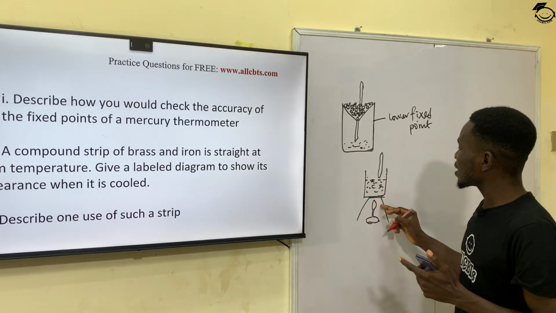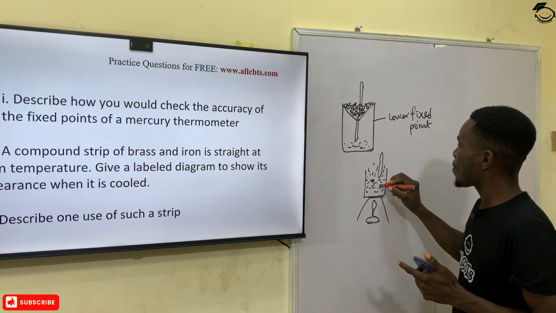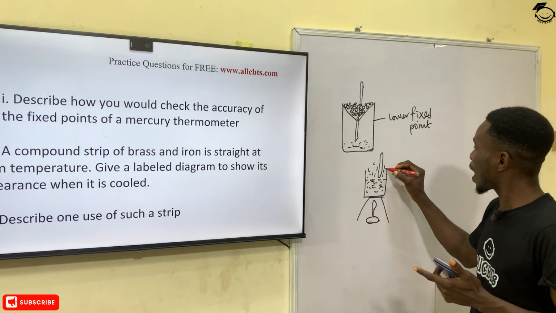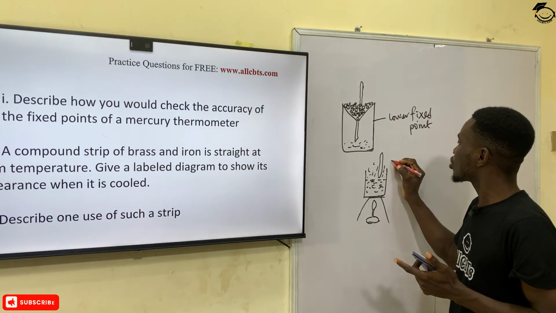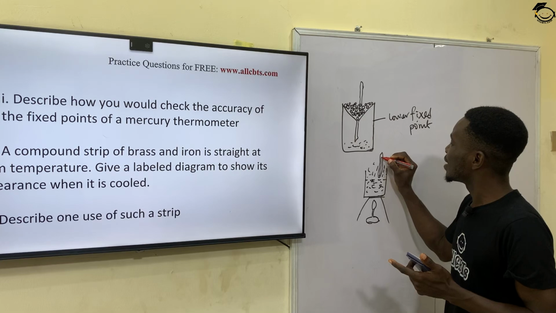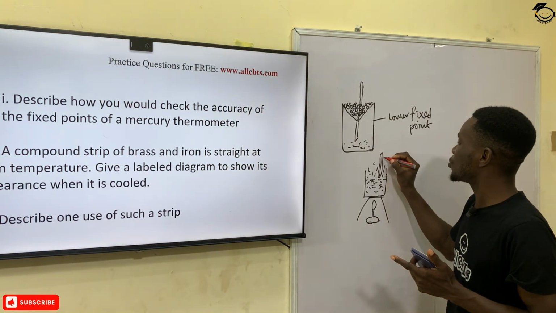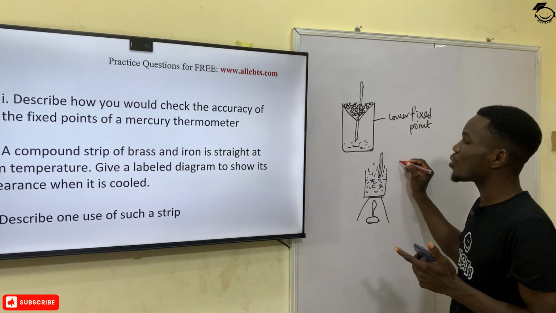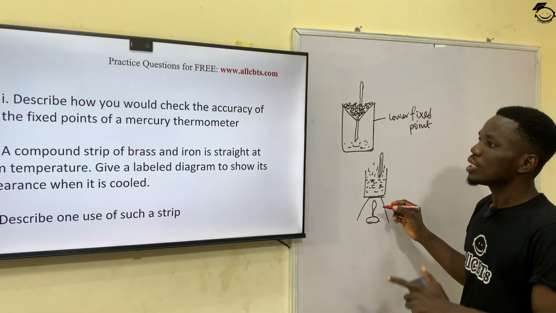When you start heating it up, you discover that steam will start escaping from this water, and when the steam is escaping, it heats up this thermometer, and at that point the mercury inside the thermometer will rise. So you wait for some time and you check the point where it has risen to. The point where it has risen to is the higher fixed point of your mercury thermometer.